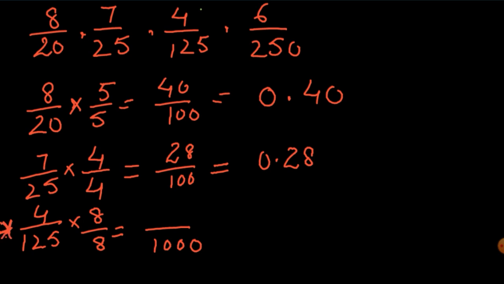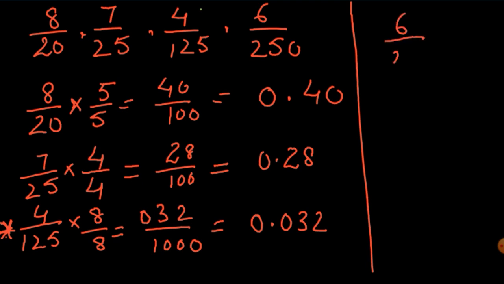So 1000 and this is 32. Now you tell me, 1, 2, 3, 3 zeros are there. What do I need to do? Yes, I have to place a 0 in the numerator. So our answer will be 0.032.